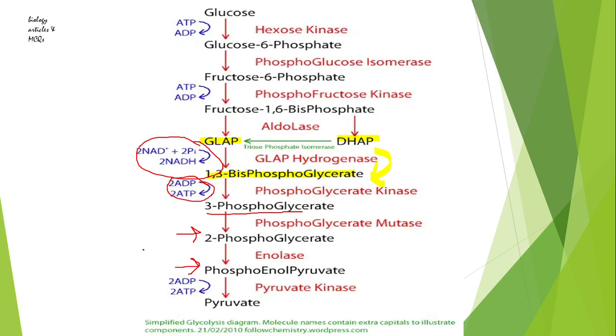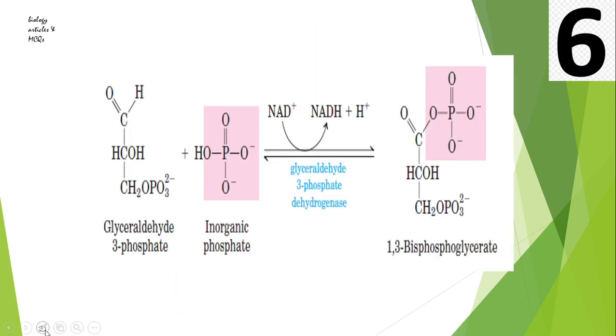So moving toward the next step, here I have shown you glyceraldehyde 3-phosphate, and you know that the dihydroxyacetone phosphate, that is the isomer of the glyceraldehyde 3-phosphate, will also be converted into 1,3-bisphosphoglycerate at the same time.